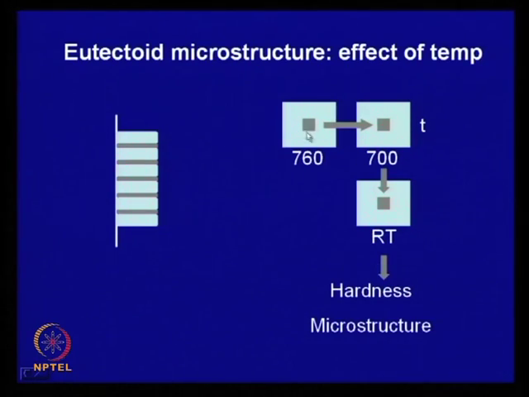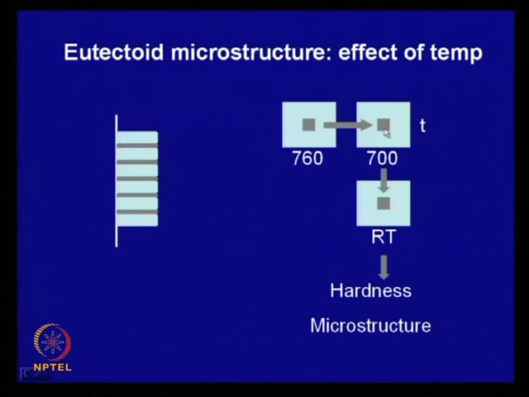And we assume that the size of this sample is very small. Then, after keeping it for sufficient time, we transfer this to a bath maintained at 700 degree centigrade, which is a little lower than the eutectoid temperature.